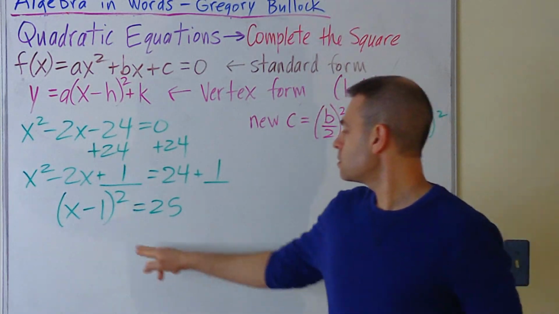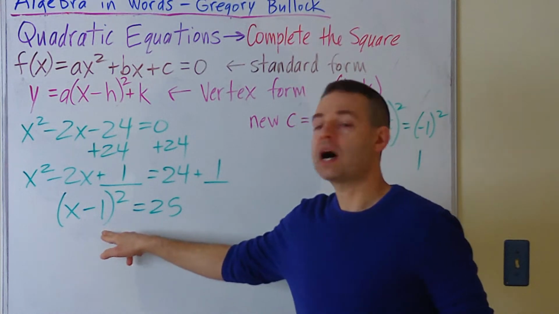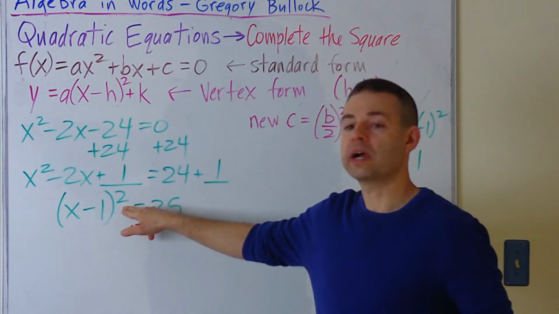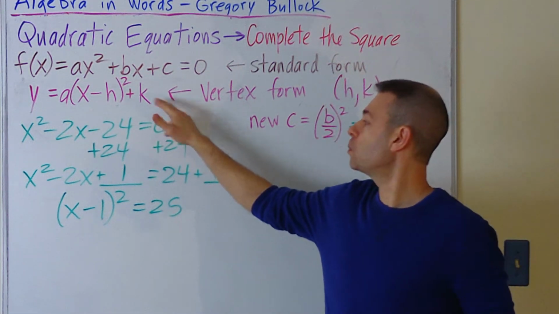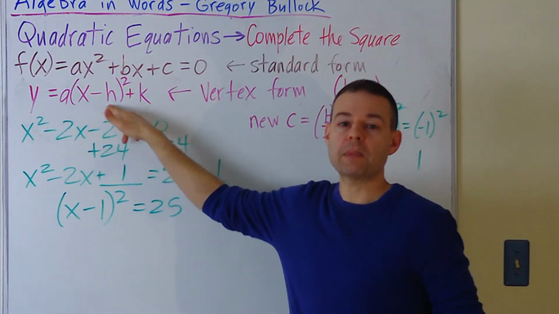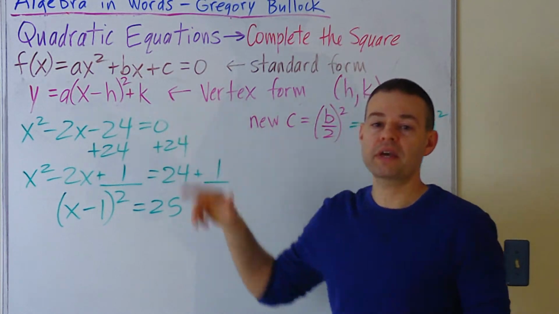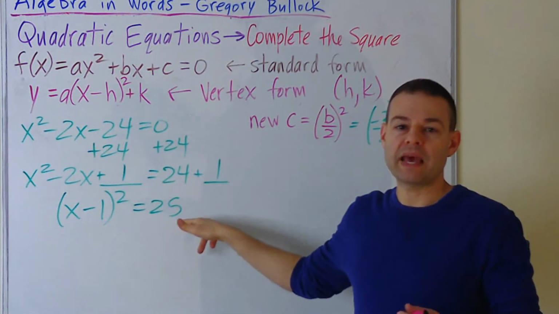Now notice on the left we have a quantity, x minus something squared, and on the right we have a number. But in the vertex form, we have also a quantity of x minus something squared plus k. Well, this is basically like negative k.